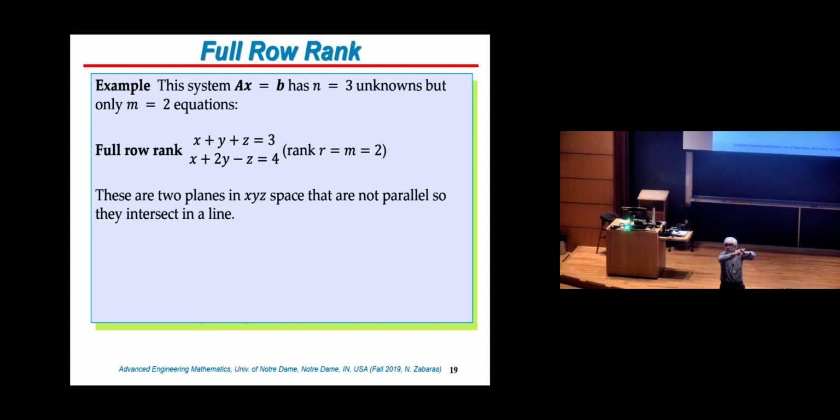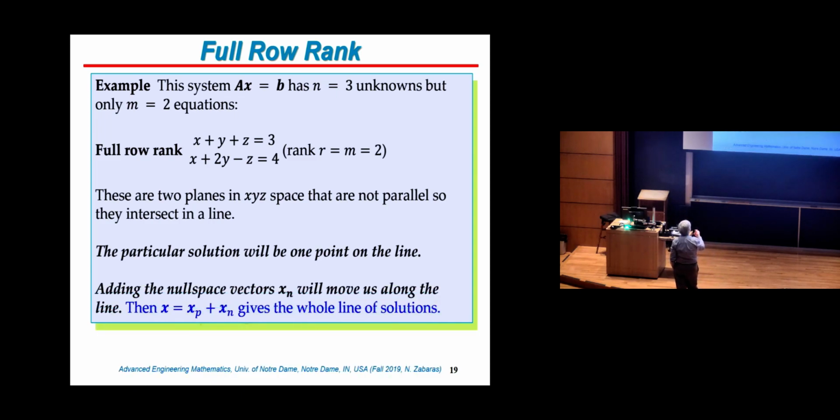What is the intersection of two planes? Is it a point? What is it? A line. How many points do you have in that line? So this problem has infinite solutions. All right? And obviously it has infinite solutions because there are many solutions from the null space problem. Okay?